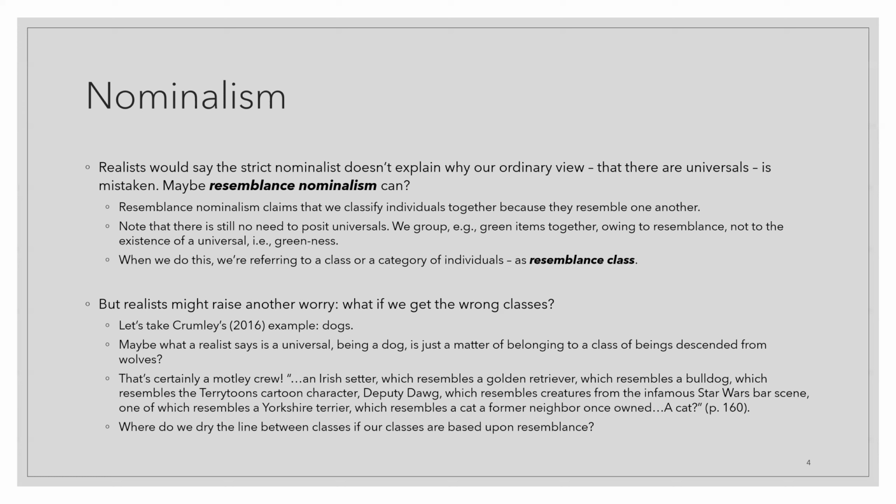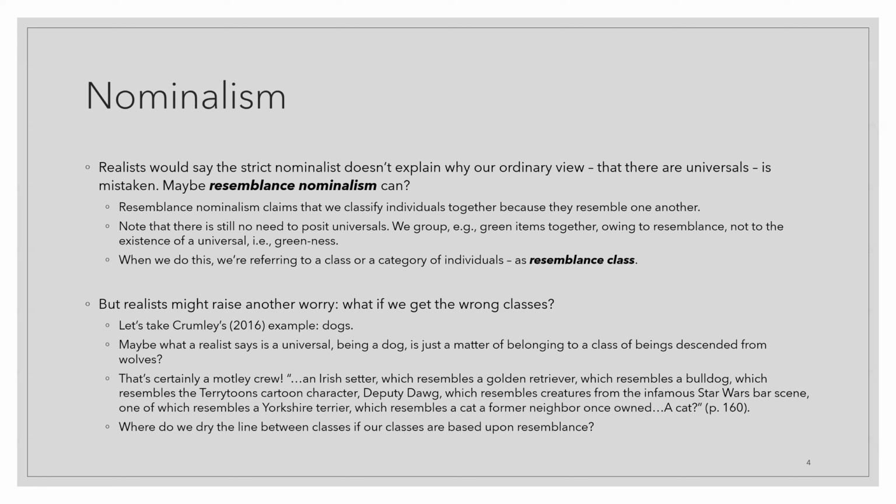Maybe resemblance nominalism can help us here then. Resemblance nominalism makes the claim that we classify individuals because they have a resemblance in some important way to one another. We still don't need to posit universals here. We group green items together because they resemble one another. The green apple resembles the green pear in terms of its color, not because there exists a universal of greenness.